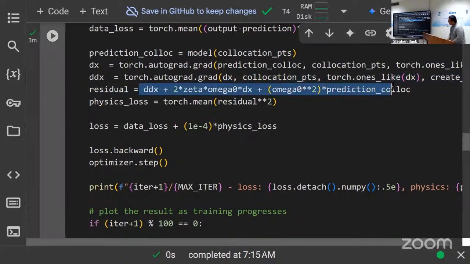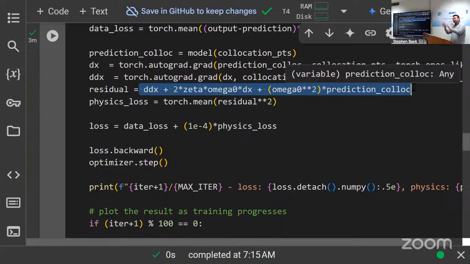The second derivative and first derivative, the summation of them, needs to be optimized. But if your ddx and dx are constants, then there's no optimization you can perform. So the physics-informed loss is not going to reduce, and as a result, you will probably just be finding a regression model.